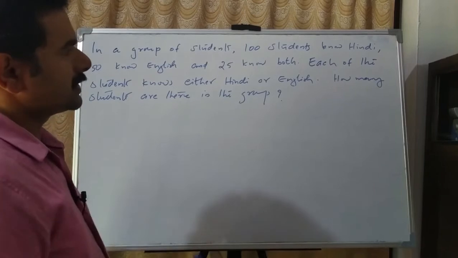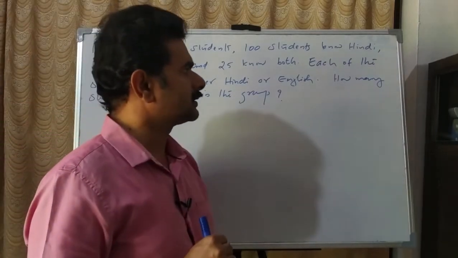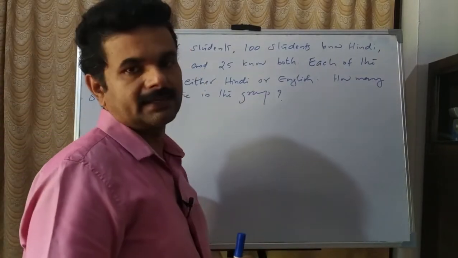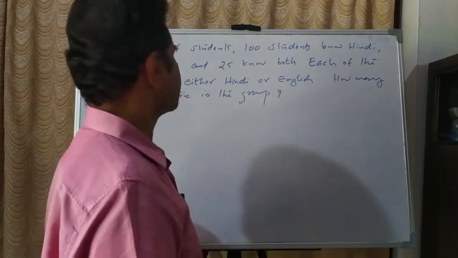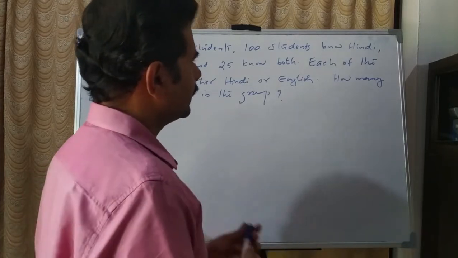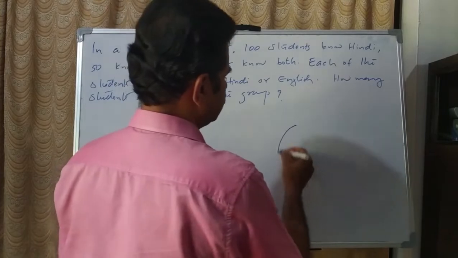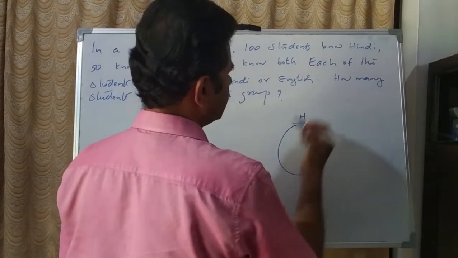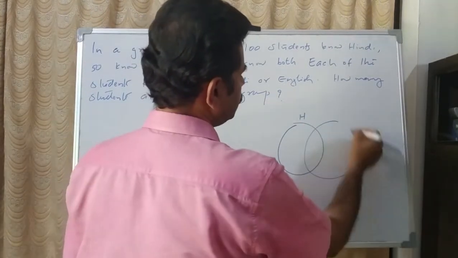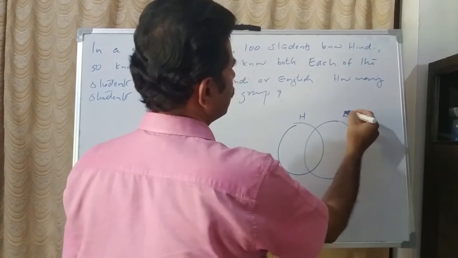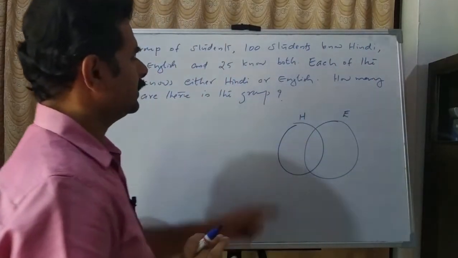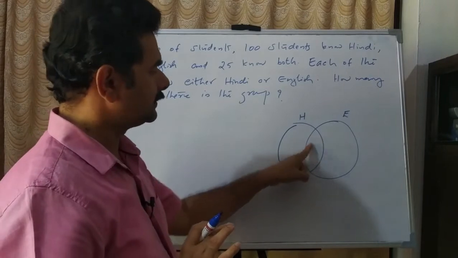Here, two sets are, one for Hindi and the other for English. So let us take capital H for Hindi and capital E for English. Then firstly we are focusing on the intersection part.